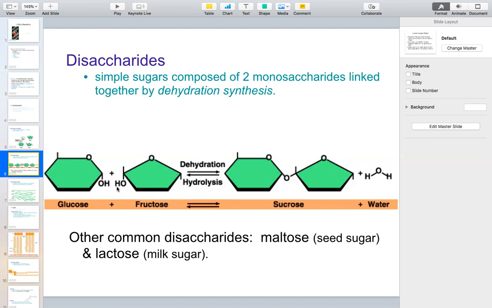So we've removed 1 oxygen and 2 hydrogens, and you'll join these 2 monosaccharides together, one being, of course, glucose and the other one being fructose. And then together, we now call it sucrose. And that is a disaccharide, meaning 2 simple sugars. Now that's dehydration synthesis. Here's the byproduct, water that's left over.